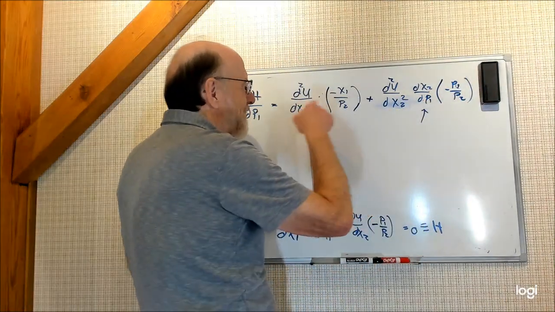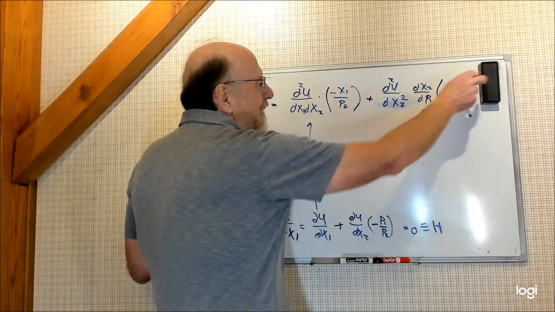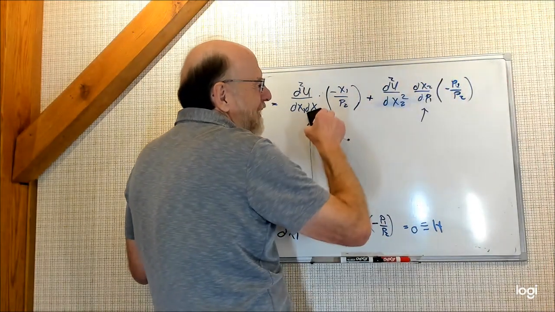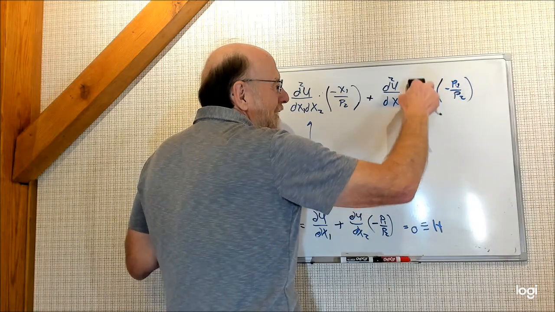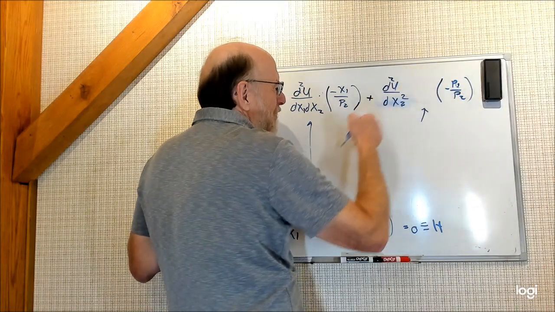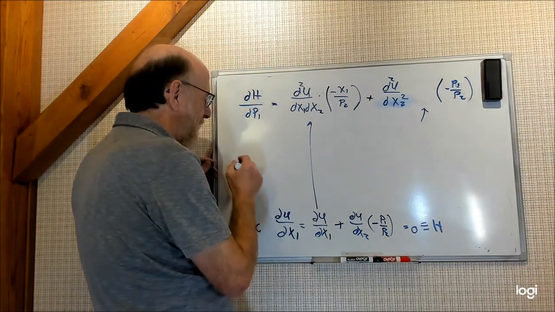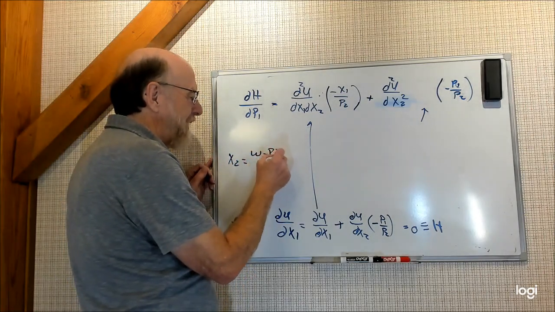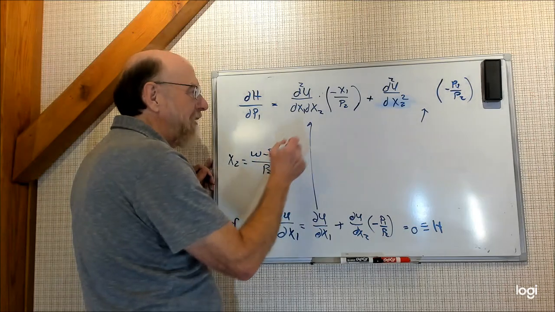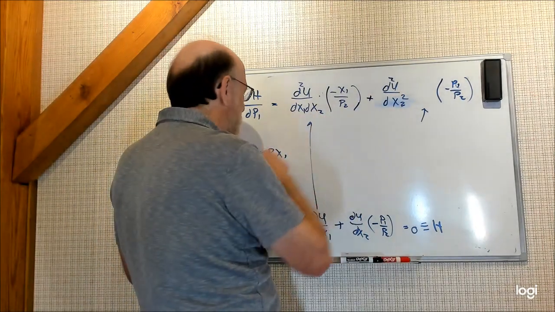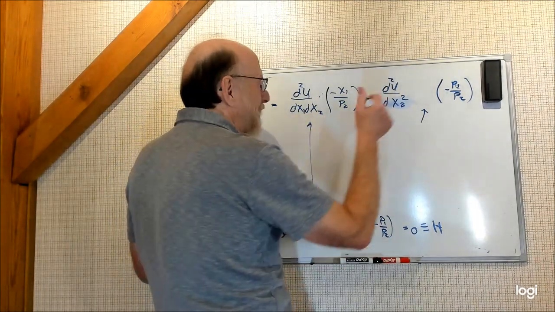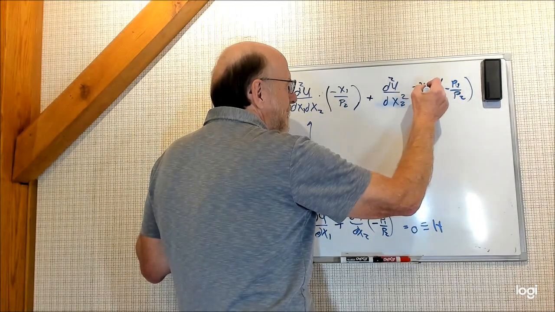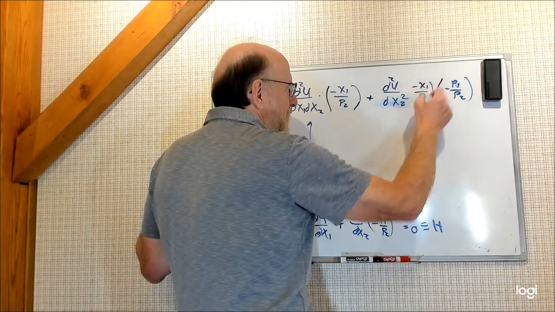Well, that is going to be the same as this one, right? Because we did the same thing over here. So again, remembering what that functional form looks like, x2 equals w minus p1 x1 over p2. So when we take the derivative of that with respect to p1, we get minus x1 over p2 again.